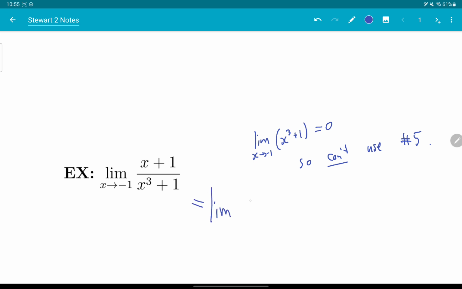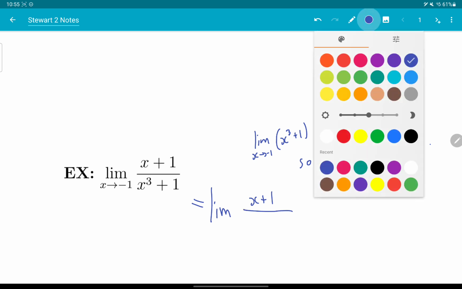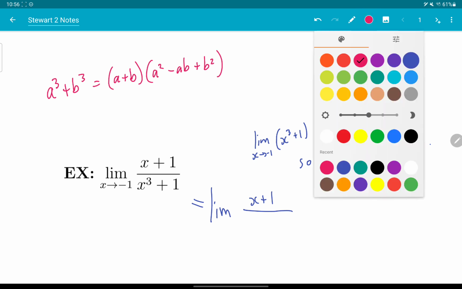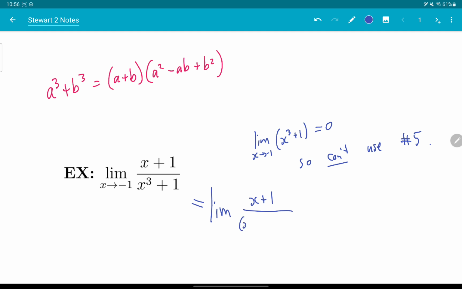And the clever thing to do here is to factor. On the bottom I have what's called a sum of cubes. Sum of cubes, which is a cubed plus b cubed, is memorized to be a plus b, a squared minus ab plus b squared. So you memorize that, and you make use of it downstairs. X plus 1 is my a plus b, and I get x squared minus x plus 1.